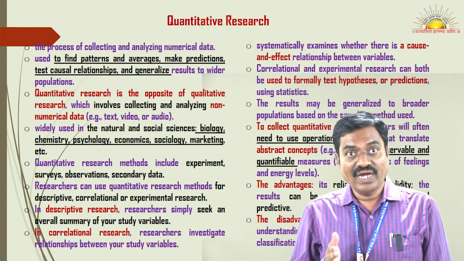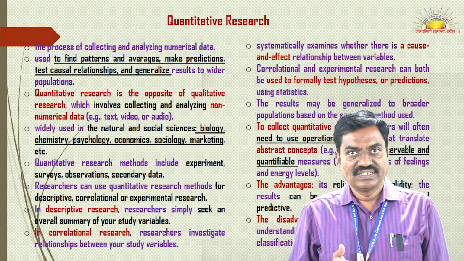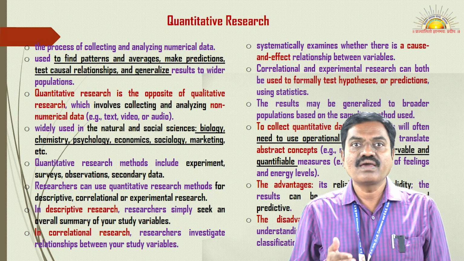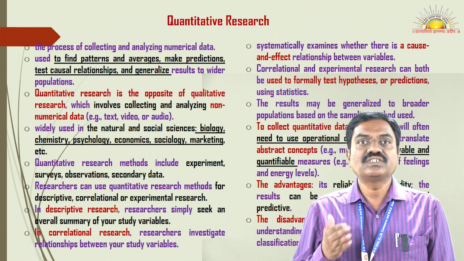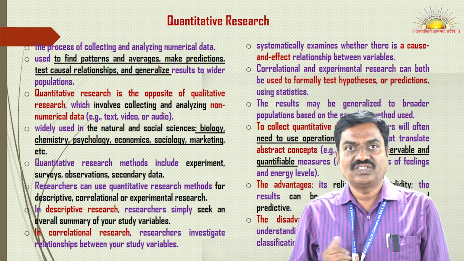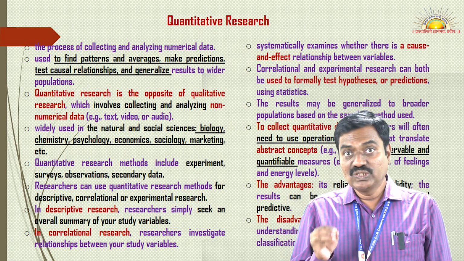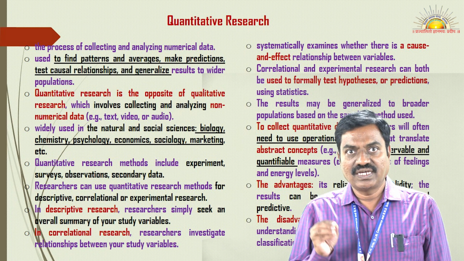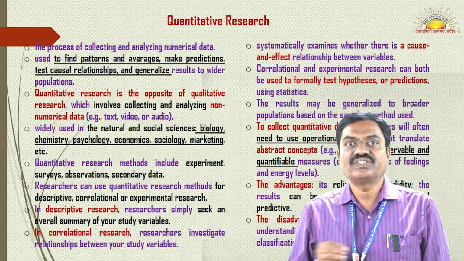Quantitative research is widely used in the natural and social sciences such as biology, chemistry, psychology, economics, sociology, marketing, etc. Quantitative research methods include experiments, surveys, observations, and the use of secondary data.